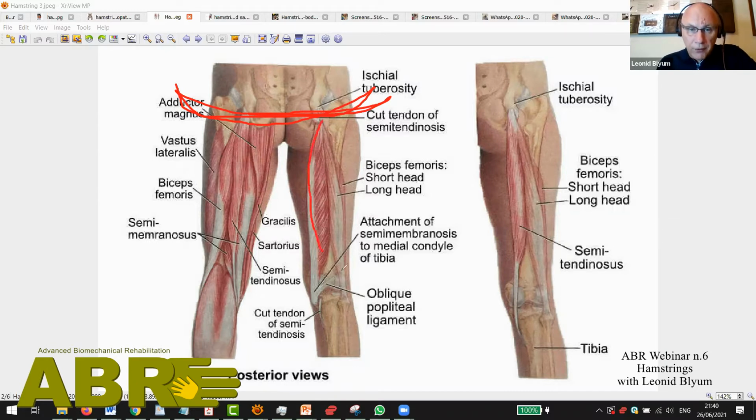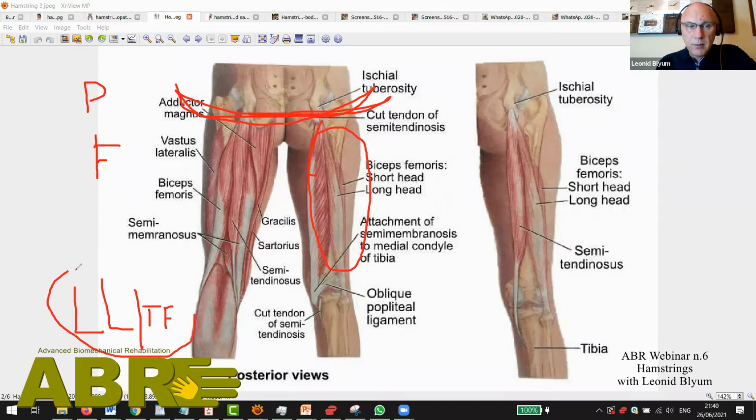Then you've got the femur, right? The pelvis, the femur, and you've got the lower leg, represented by the tibia and fibula. So three parts: 1, 2, 3.